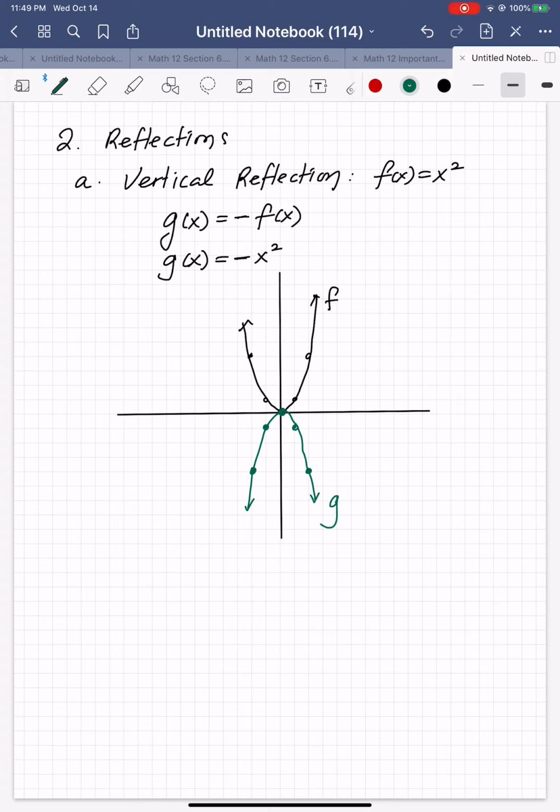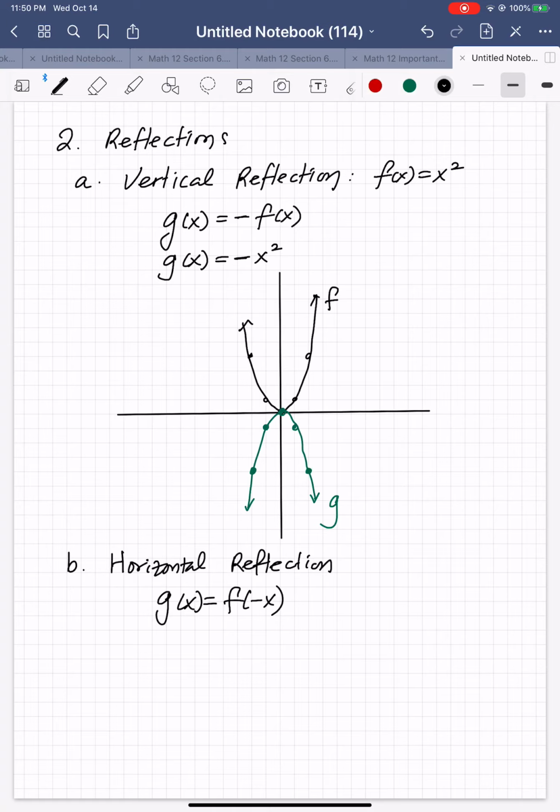And also, we have a horizontal reflection. Horizontal reflection means g of x is going to be f of negative x.